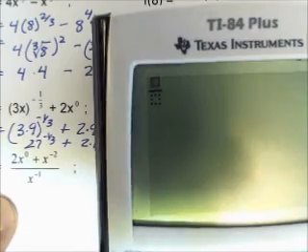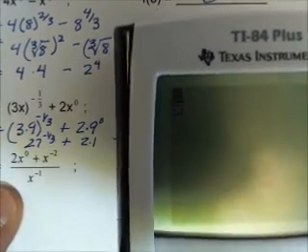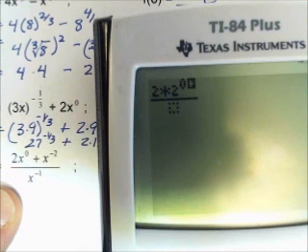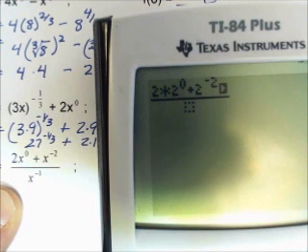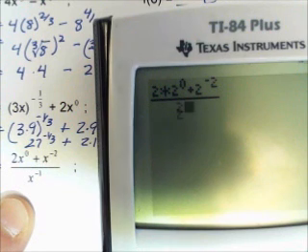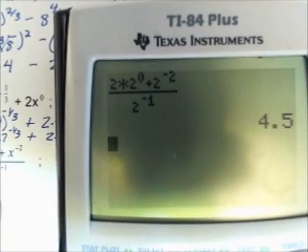I'm replacing x with 2 here, so that's 2 times 2 raised to the 0 power, get out of the exponent, plus 2 raised to the negative 2, arrow out of the exponent, arrow down to the denominator, and 2 raised to the negative 1. And press enter. And that's 4.5, which is equivalent to 9/2. And we're done.